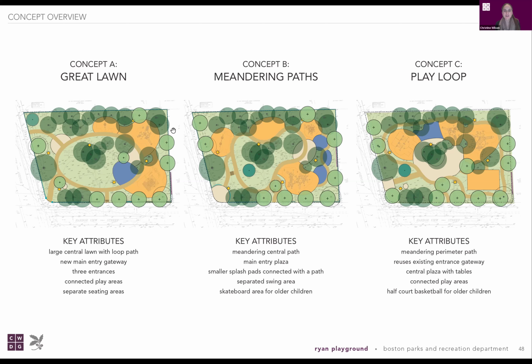And I meant to emphasize earlier, as far as green space, that soft scape I was talking about earlier, as we move from concept A to B to C, we go from more to less green space. That was an important thing we did with these 3 alternatives, and I just wanted to call that out.